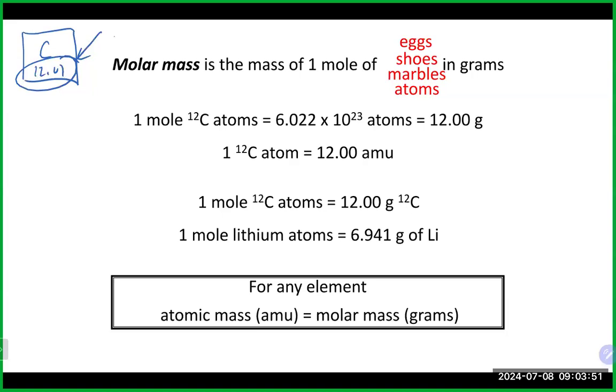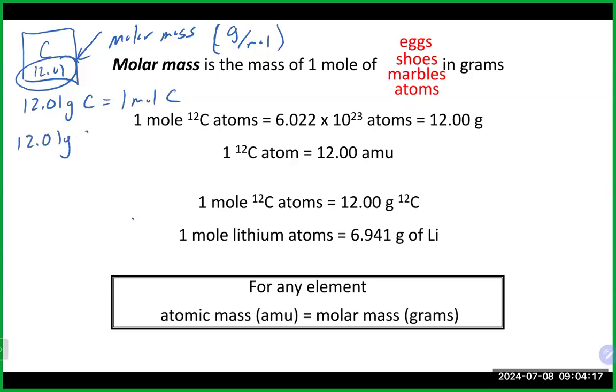That is also the molar mass, in addition to being the atomic mass. But when we use it for molar mass, there are different units, and molar mass has the units of grams per mole. Whatever that number is, 12.01 grams of carbon in 1 mole of carbon. And basically, you say the molar mass of carbon is 12.01 grams per mole.